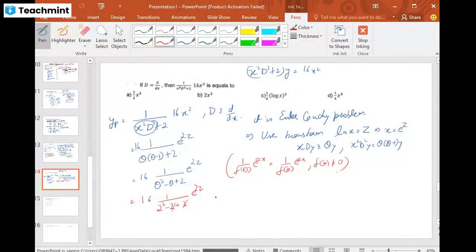This 2 and 2 get cancelled out. This is 16 upon 4 times e power 2z. Now we need to write the answer again in the form of x. What is e power z? It is x. So the answer is 4x square.